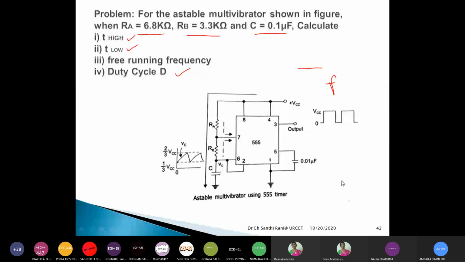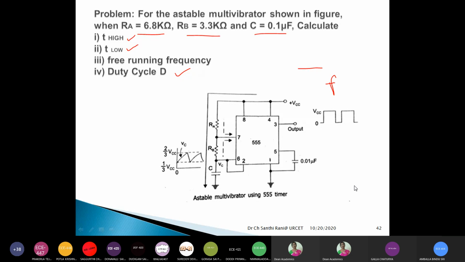Yes, very good. 1.08, you got 1.082 kilohertz, right? Here we got 1.07. All of you give 3 digits, 1.08 or 1.07 kilohertz you will get.